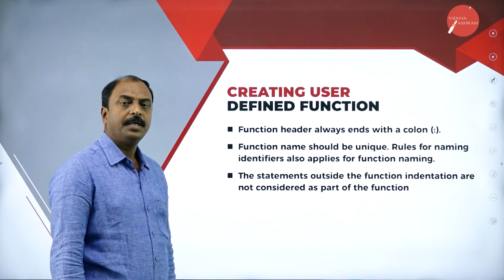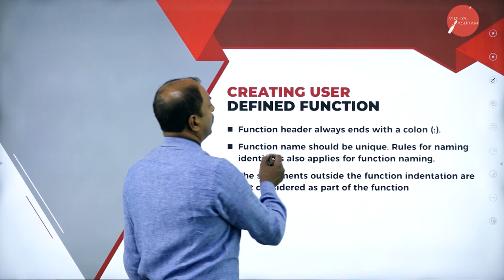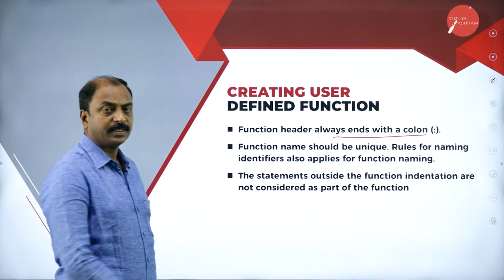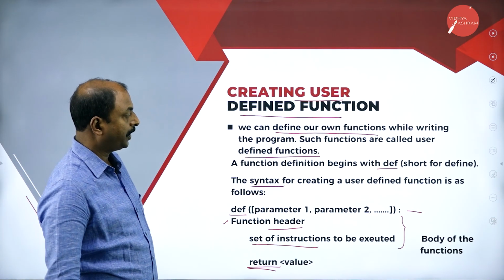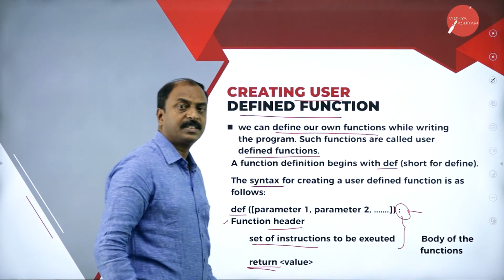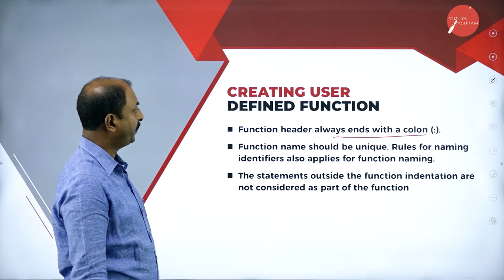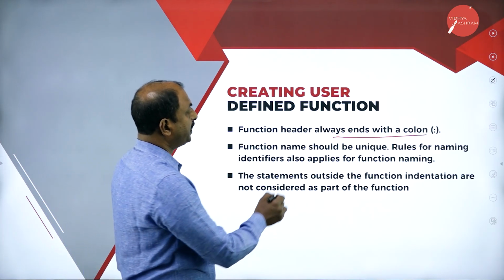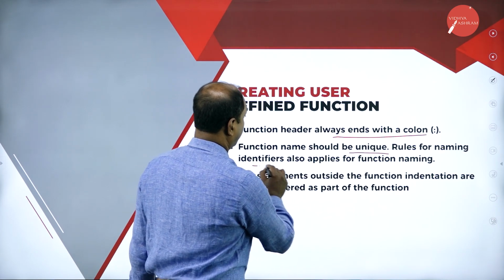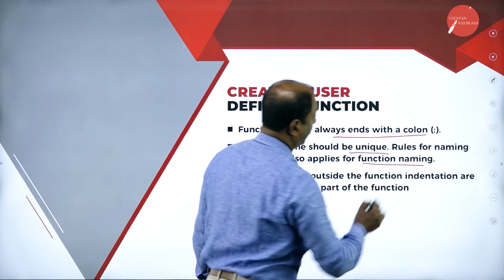Now let us see the next slide. The function header always ends with a colon. So the syntax is like this: every function header must end with a colon. This is the syntax of function definition. Now, the function name should be unique, and the rules for naming identifiers also apply to function names.